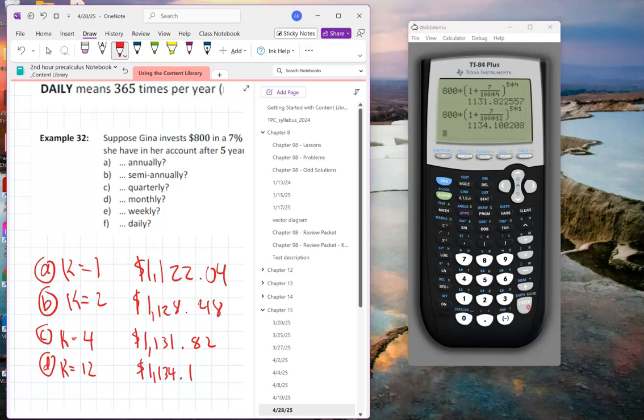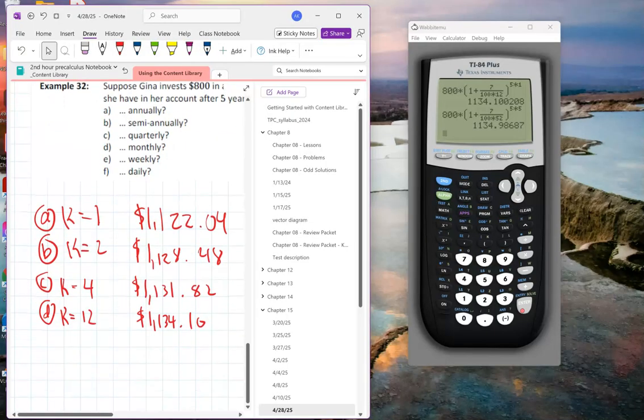And not even $3, really. The next one is weekly. That's 52. All right, Mr. Kulik. I'm picking up 40 more compounds, and that made less than a buck's worth of difference. Huh.